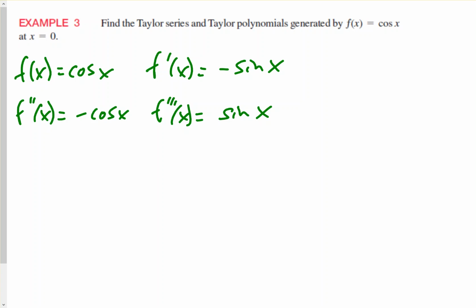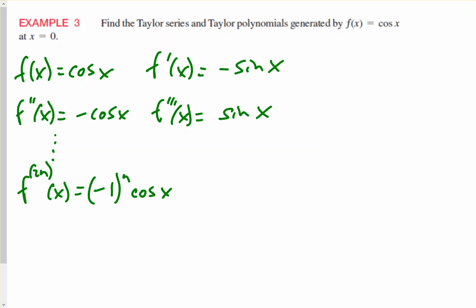So that means every even derivative, the second derivative, fourth derivative, will alternate signs between cosine and negative cosine. So we would say f to the 2n, so an even number, and because of the alternating sign, we would have negative 1 to the n times cosine x.